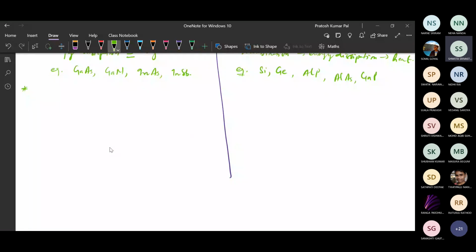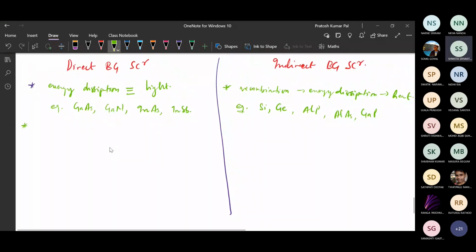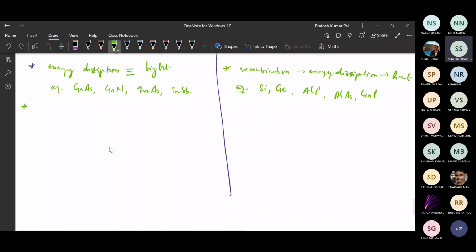The other point we can see is that during recombination in direct band gap semiconductors, most of the free electrons fall directly from the conduction band to the valence band. Here this is the conduction band, this is the valence band. Most of the electrons move from conduction band to valence band, and some may collide with each other.